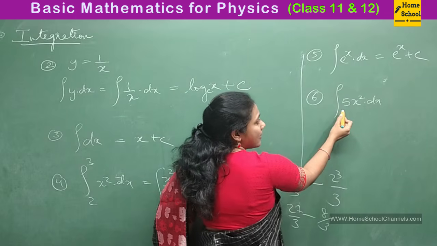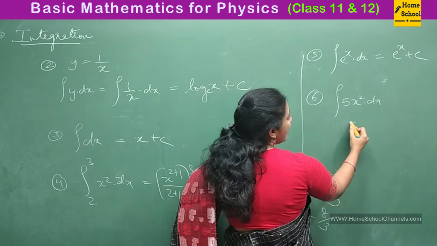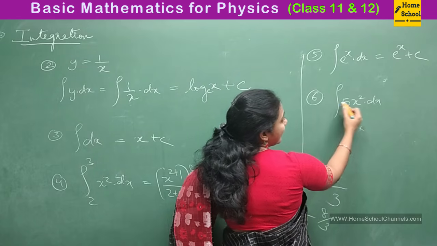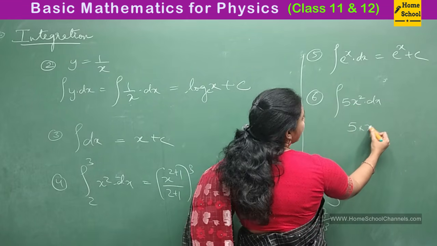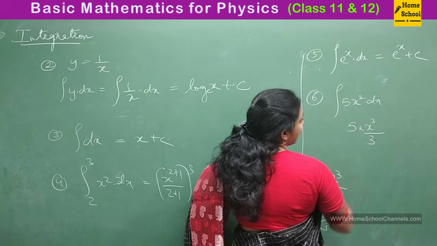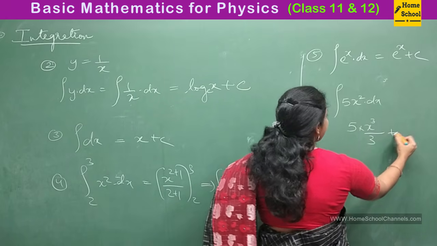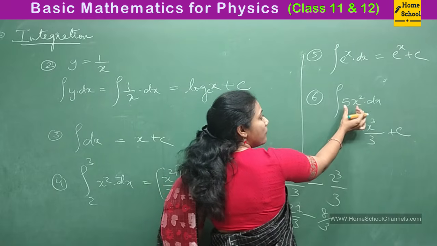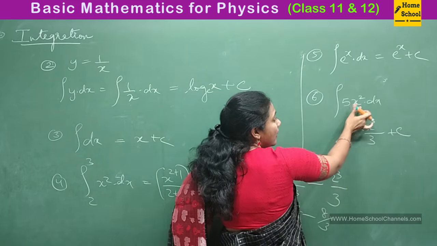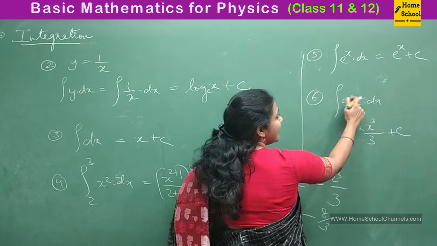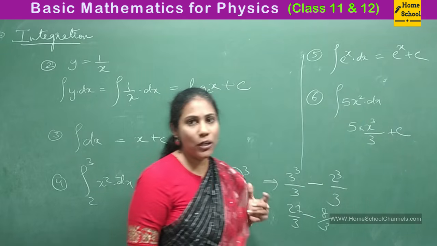Some constant is there, so take the constant outside and integrate. Integration of x square is x cube, since 2 plus 1 is 3, divided by 3, plus c. Whenever you have a product of a constant and your variable, bring the constant outside, then integrate with the help of a formula.